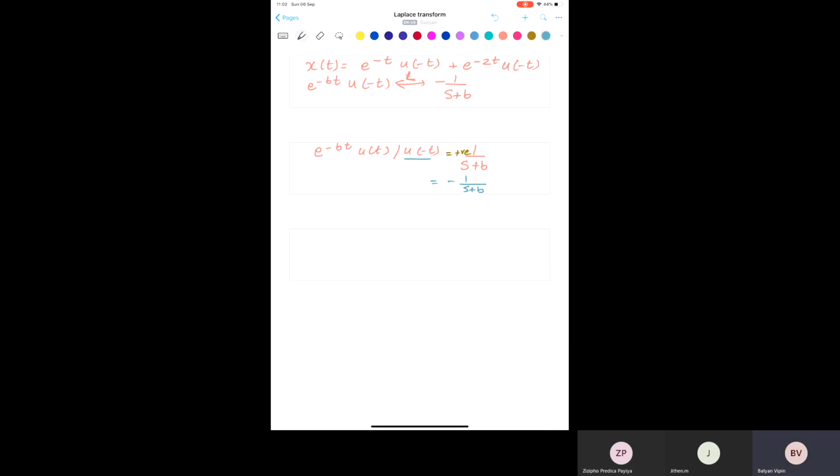Now, if you have e raised to the power bt u of t, remember we are talking about these two signal variants. Either you have e raised to the power minus bt into ut, or e raised to the power minus bt into u of minus t. So the answer will change like this.